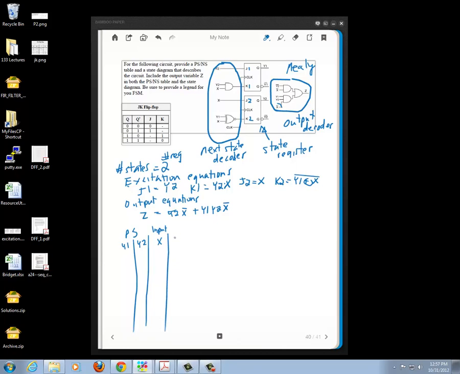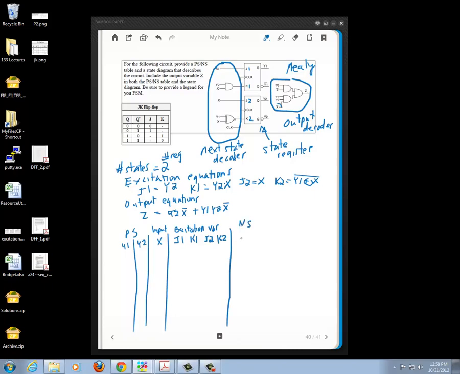Then we also want to add in the excitation variables. Here we're going to have 4 of them: J1, K1, and J2, K2. Alright, then we need our next state variables.